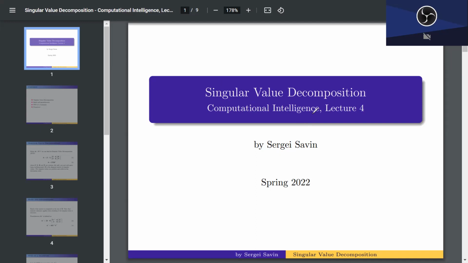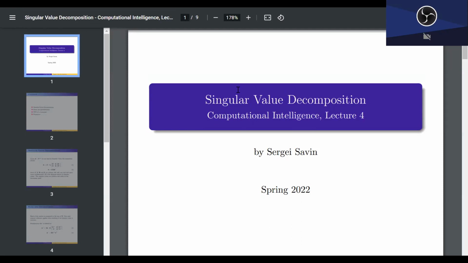Right. Singular value decomposition sounds scary, but we're not going to discuss anything difficult today. SVD is one of those things where you can easily spend hours discussing it, and two different lectures on it won't even have anything in common.